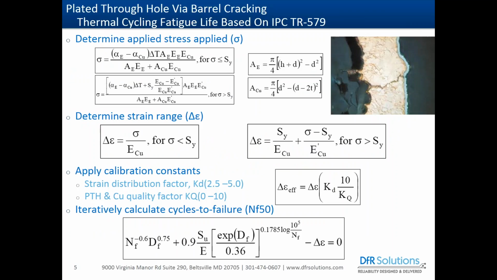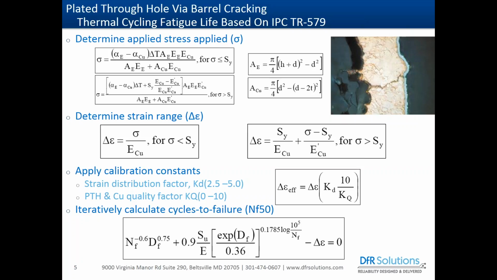Another important issue about thermal cycling is the plated through hole cracking of the vias in the circuit board. The circuit board in its z-axis expands and contracts significantly more, usually 4, possibly 5 times more than it does in the XY plane, where it's constrained by fiberglass fabric weave. If there is excessive expansion in the z-axis, you can fatigue the plated through hole copper vias that are used to provide electrical signal communication from the top side of the board to the bottom side of the board and any interior layers that it's connected to.